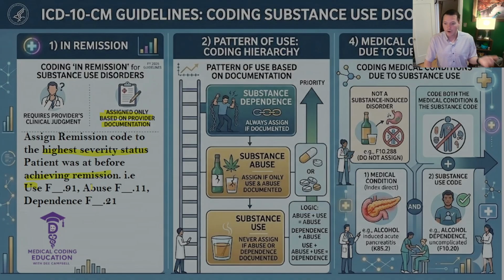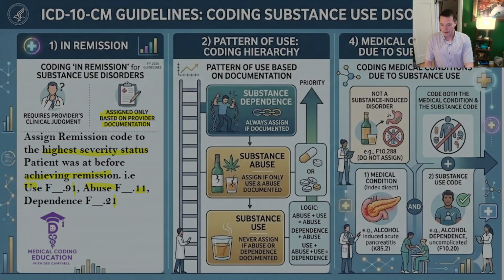So let's say the patient only abused their opioids at the time, it will end up being this .11 family. And then if it was dependency, it will be a .21. Easy way to remember remission codes is that it always ends with the 1. 1 is the ending for every single drug code when it comes to remission, and then I've already broken down use and abuse.